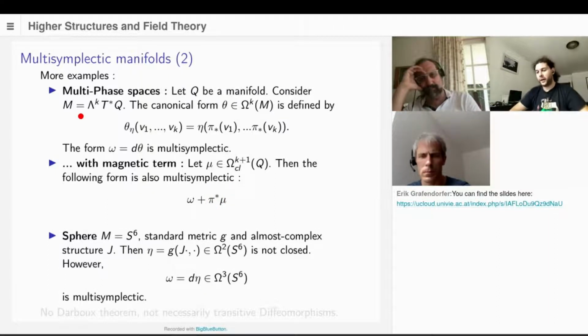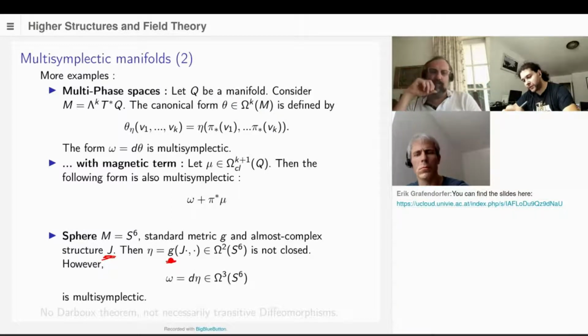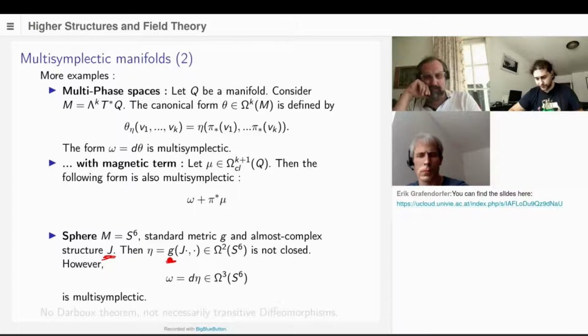We take the six-dimensional sphere, for which it is not known whether it has a complex structure or not. But there is an almost complex structure, J, which is known to be not a complex structure. We take the standard metric and we contract this almost complex structure with it. We get a two form, denoted by eta here.